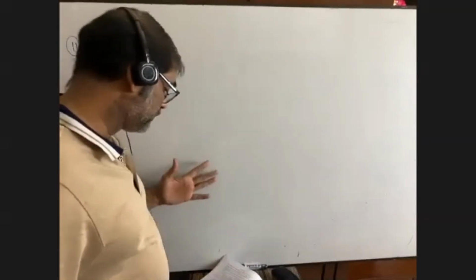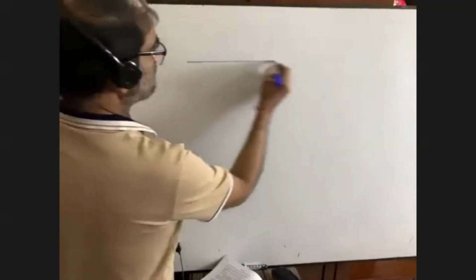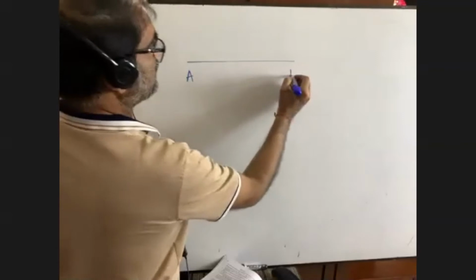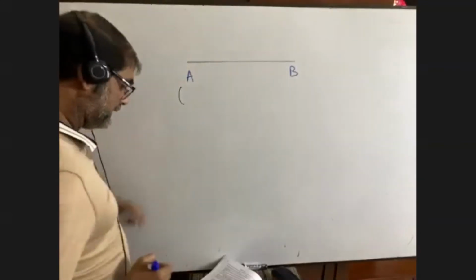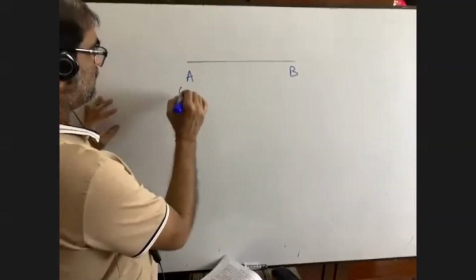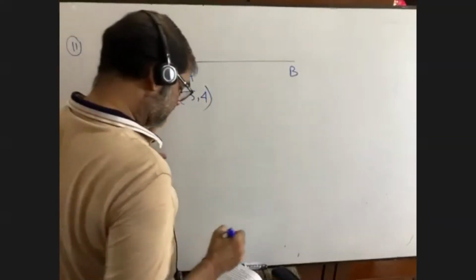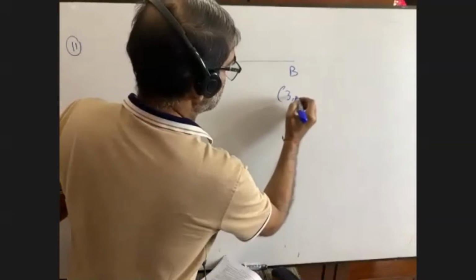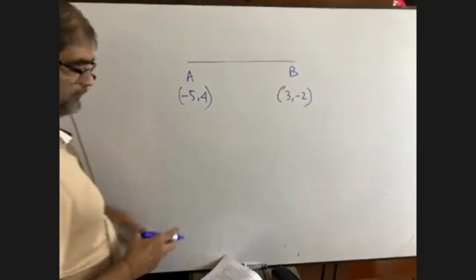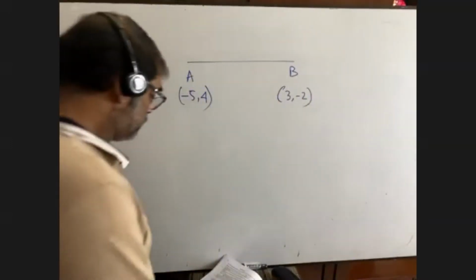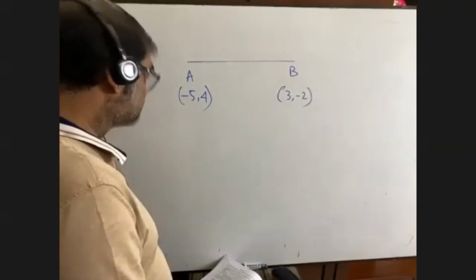Okay, number 2. A, B are 2 points, same math. A is given as -5, 4, and B is given as 3, -2. Not a matter. We have to expand AB.